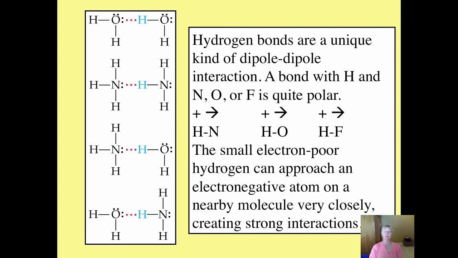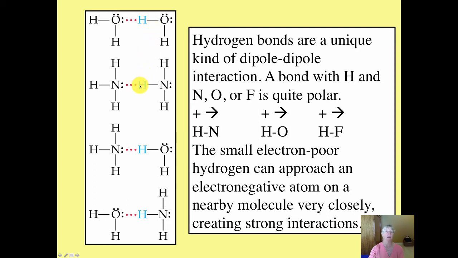Please make sure you understand the color coding in the slides because your PowerPoint notes on your handout are printed in black and white. Black dots represent unshared electron pairs. Red dots between two molecules are showing that there's a hydrogen bond. So this hydrogen has a strong attraction to unshared electron pairs on the oxygen nearby. That could be between two water molecules.